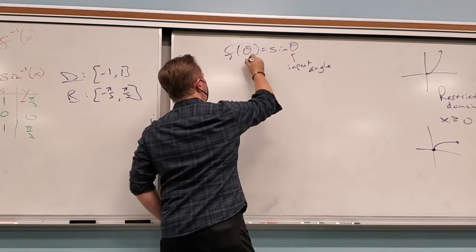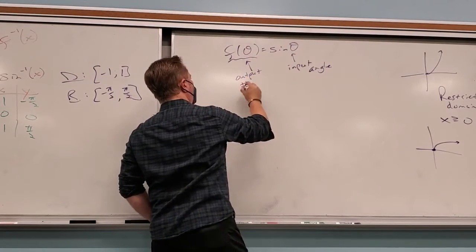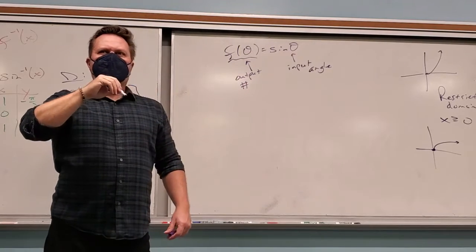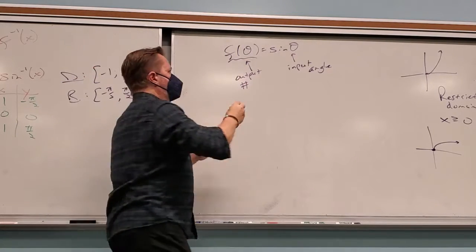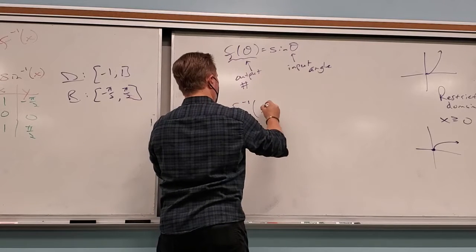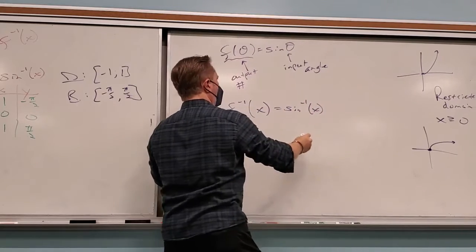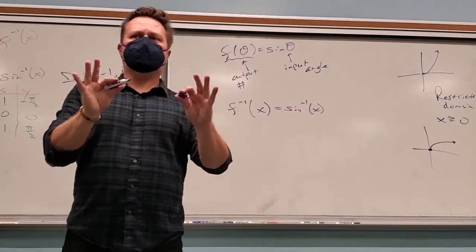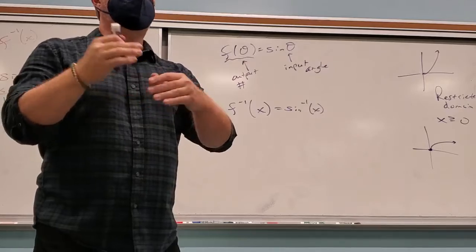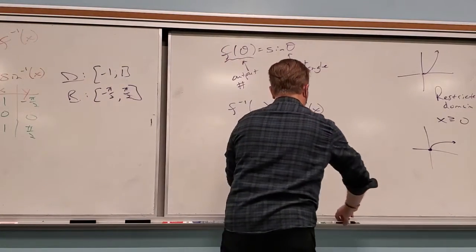And the output is just a number. So for inverse sine, and again, this is so beautiful about inverses. Everything that's x becomes y, everything that's y becomes x. What is the input now?